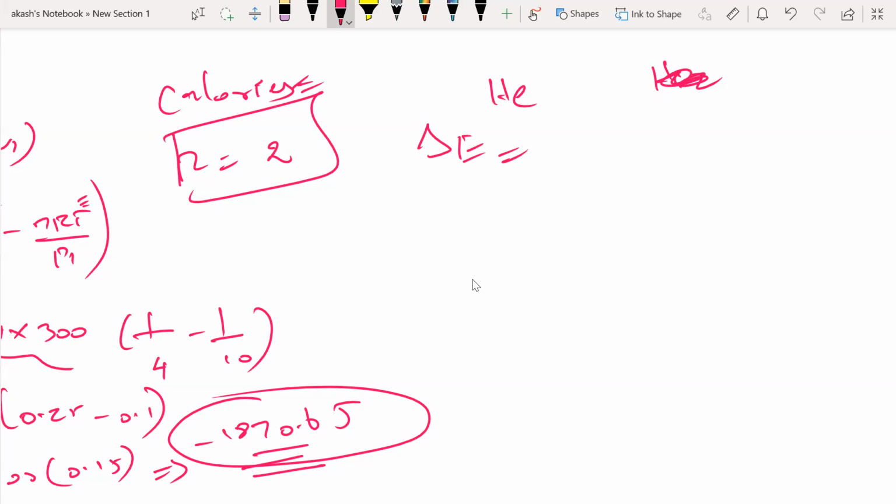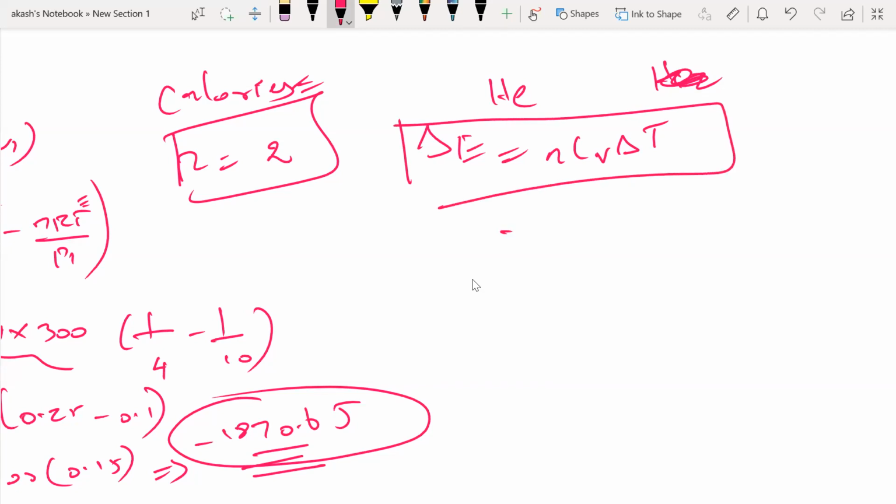So we have delta E is equal to n Cv delta T. That's the formula. Now, the number of moles is given as 1. I know helium is a monoatomic gas. The moment you see a monoatomic gas, I know the Cv value is 3 by 2 into R. I said that I want the answer in terms of calories, so you'll use R as 2, into the change in temperature.